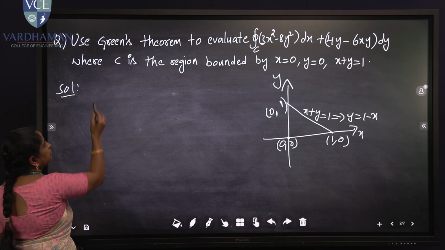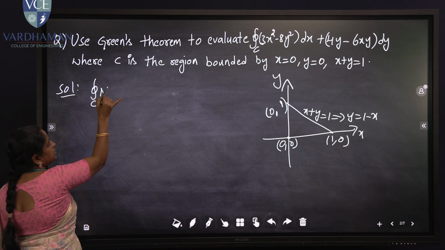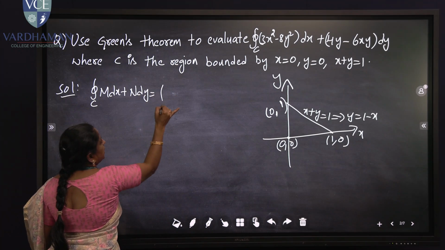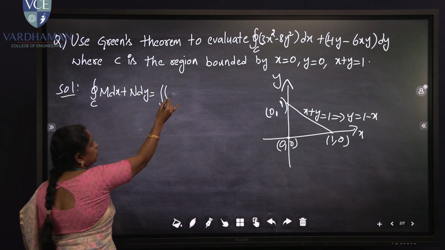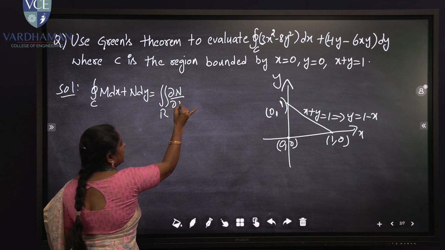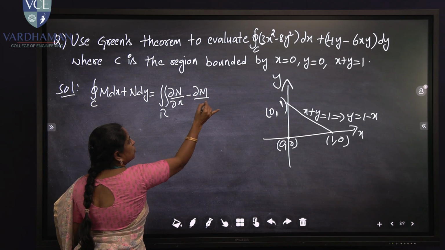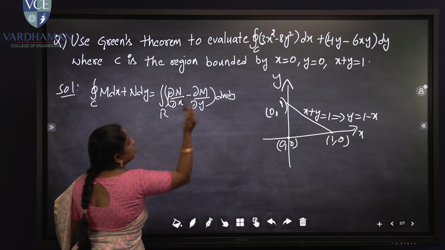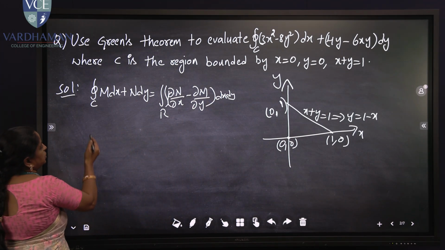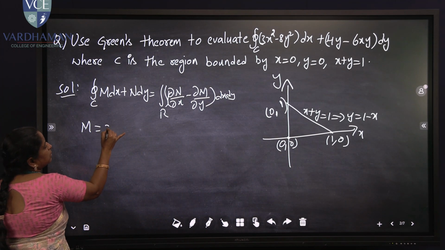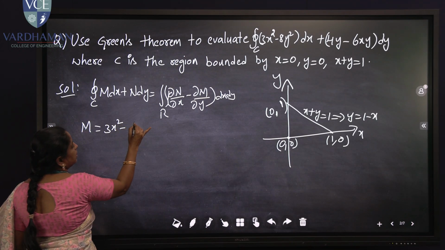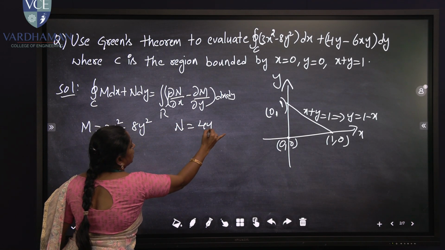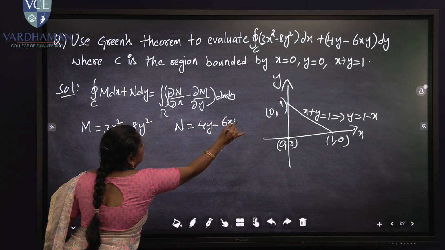According to the definition of Green's theorem, the closed integral over c of M dx plus N dy equals the double integral over R of (dou N by dou x minus dou M by dou y) dx dy. From the given question, M equal to 3x square minus 8y square, N equal to 4y minus 6xy.